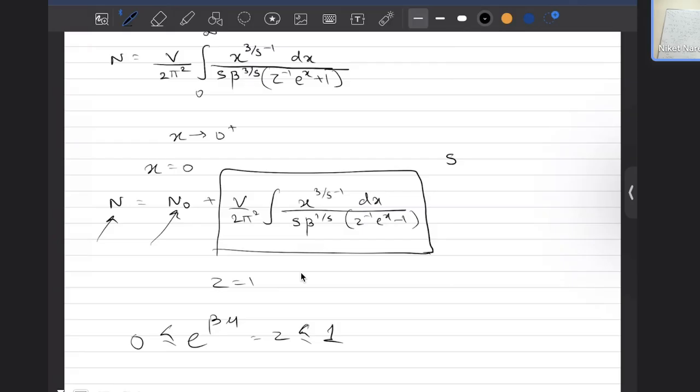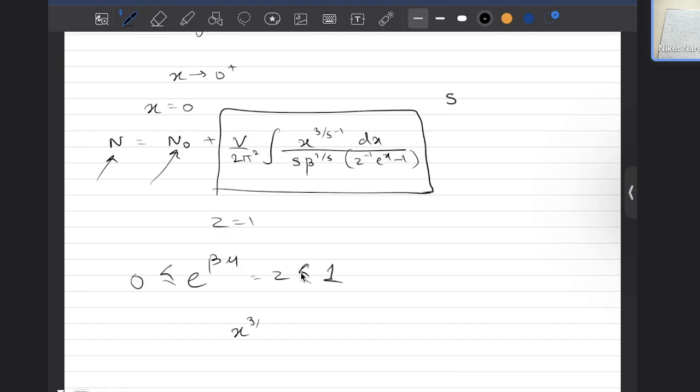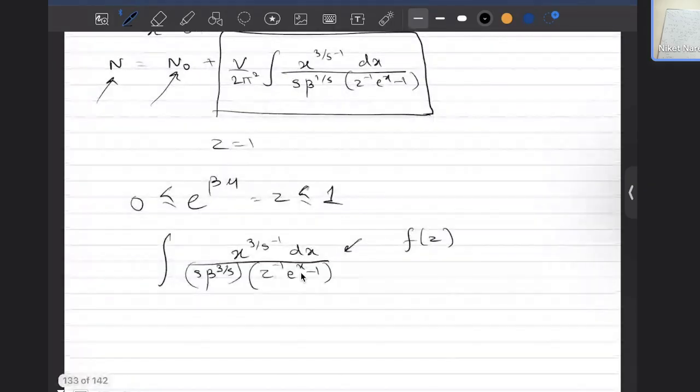The interesting part here is that this function, x power 3 by s minus 1 divided by s beta to power 3 by s, this is just a constant, but z inverse e power x minus 1, this integral is a monotonically increasing function of z. If I'm calling this f of z, can we check that?